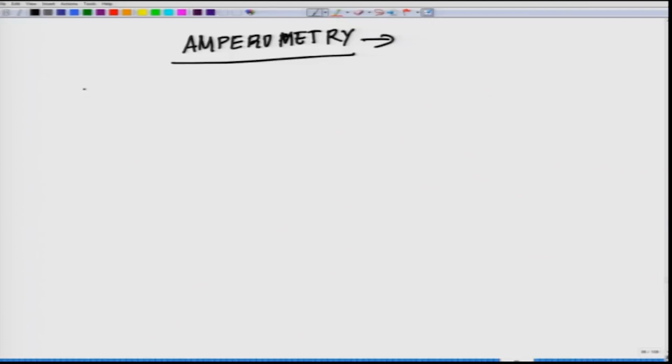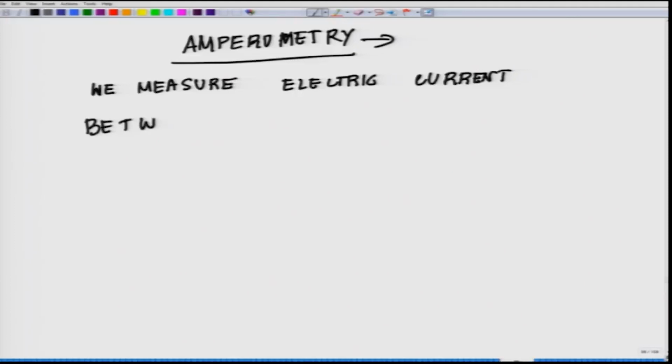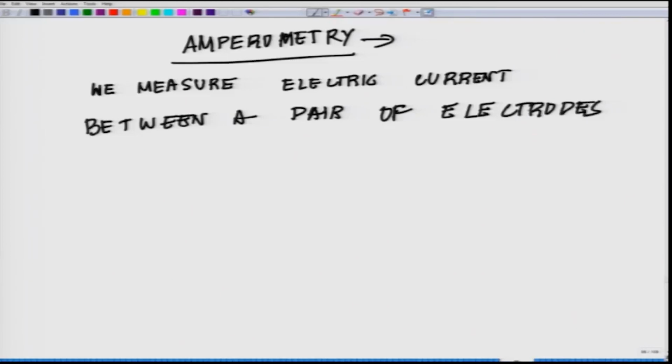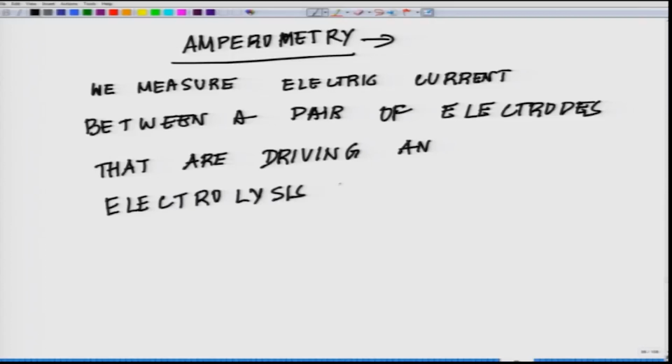In amperometry, we measure electric current between a pair of electrodes that are driving an electrolysis reaction.